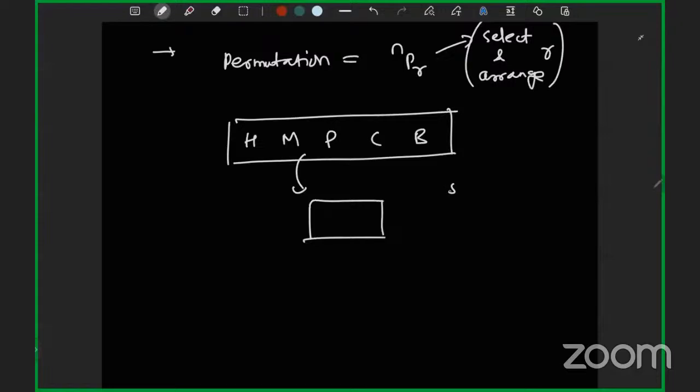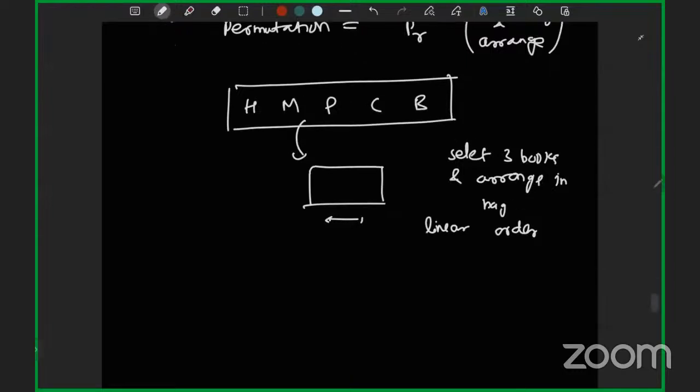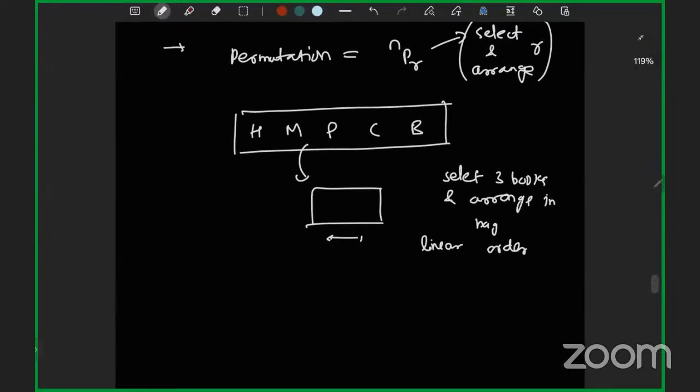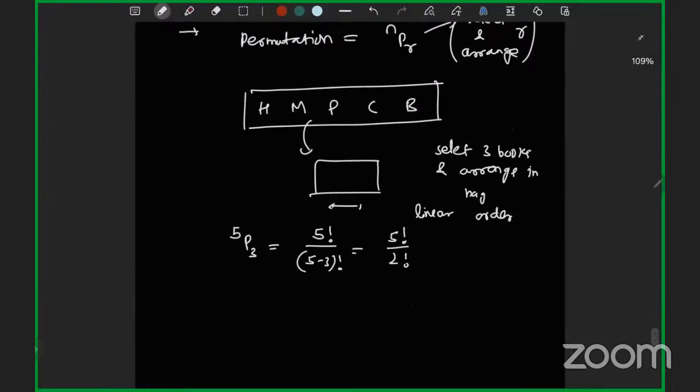So select 3 books and arrange them in the bag, in a linear order. That is permutation. So 5 is there, and I need to select 3. So 5 factorial divided by 5 minus 3 factorial, which is 2 factorial. Right? So that's how you do it.